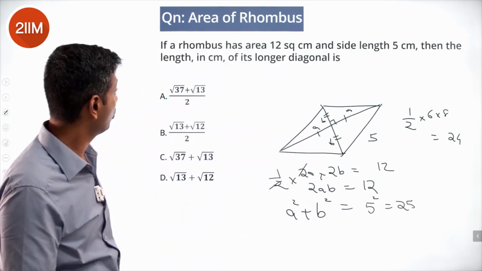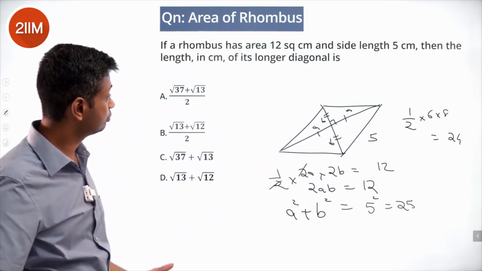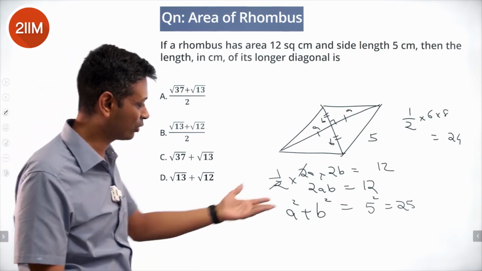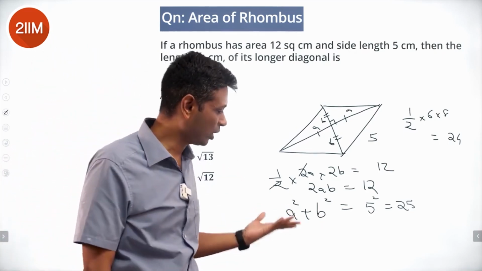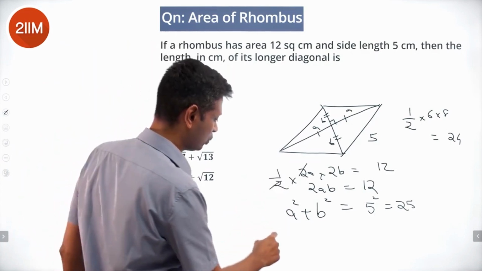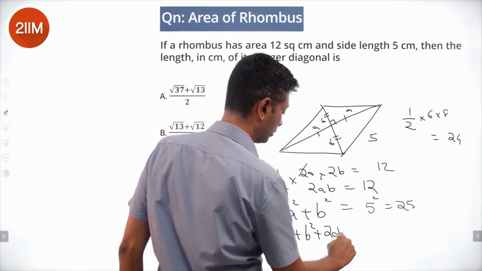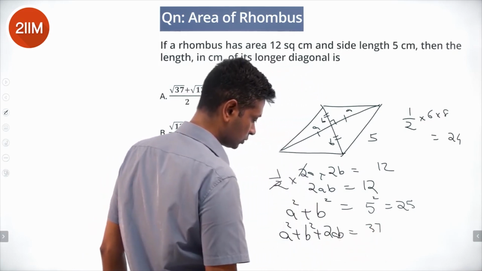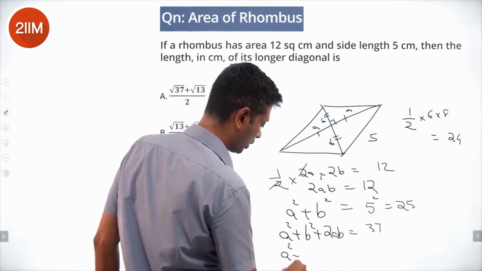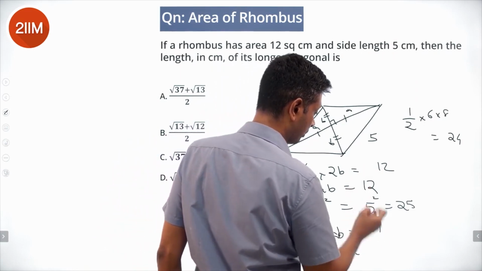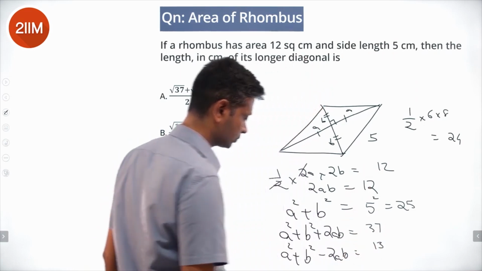Nice. We want to find the longer diagonal. We need to find A or B. Luckily we have A square plus B square and 2AB. Add these two: A square plus B square plus 2AB is 37. Subtract one from the other: A square plus B square minus 2AB is 25 minus 12, 13.